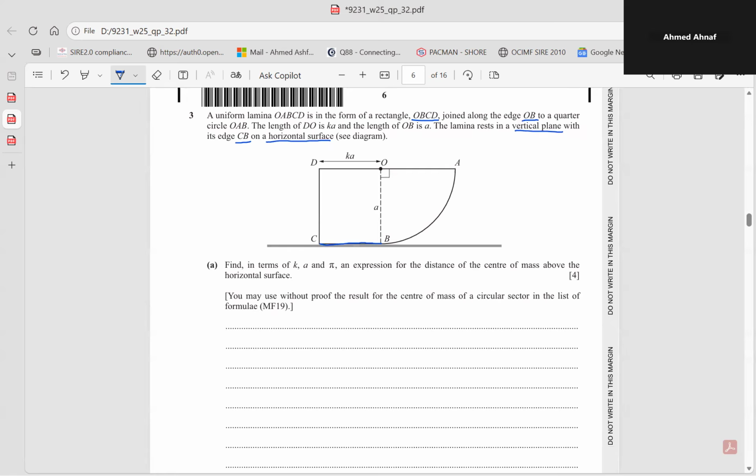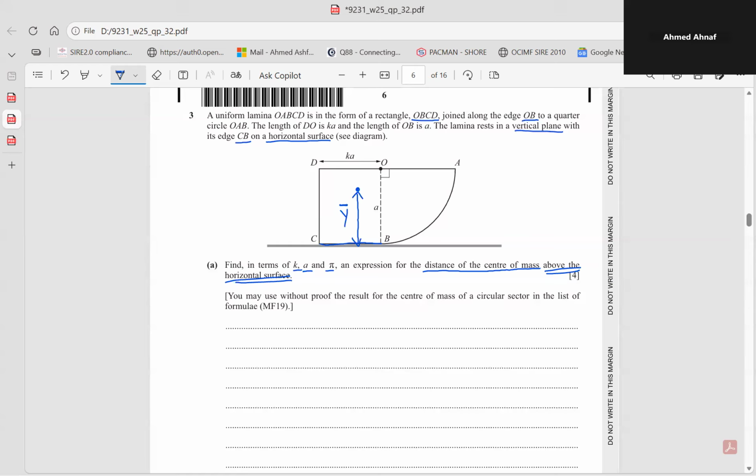And using that, we need to find, in terms of k, a, and pi, an expression for the distance of the center of mass above the horizontal surface. Okay, so let's say the center of mass is here, and we need to find the vertical distance above the horizontal surface. So in general, we basically have to find y bar.